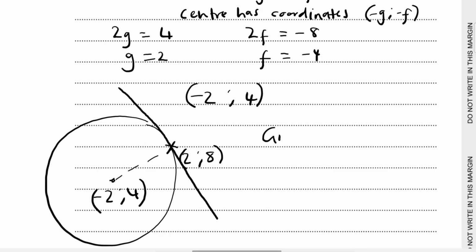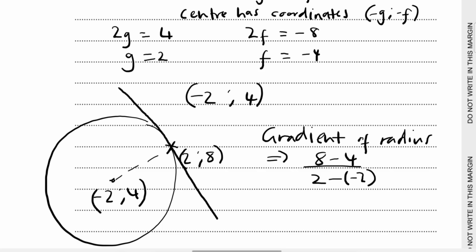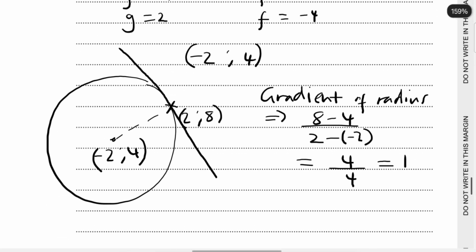So the gradient of the radius, we get that by saying 8 minus 4 over 2 minus minus 2. So that's 4 over 4, which is 1. So if the gradient of the radius is 1, it means the gradient of the tangent is minus 1, since we know that the radius meets the tangent at 90 degrees.